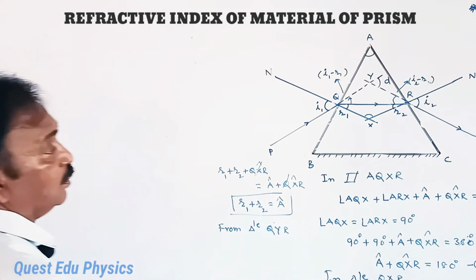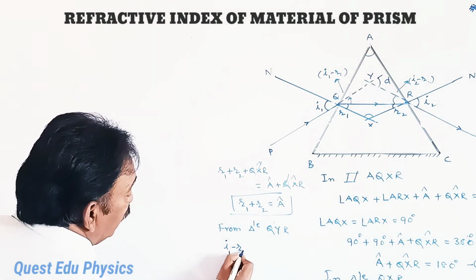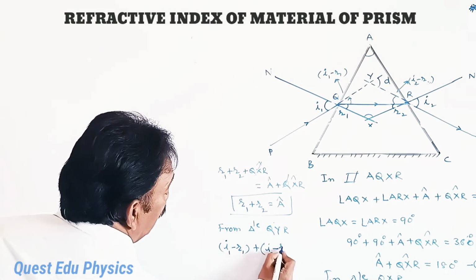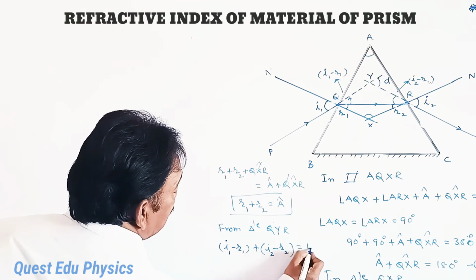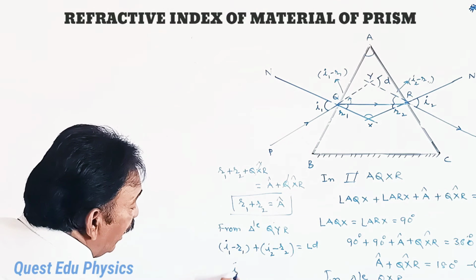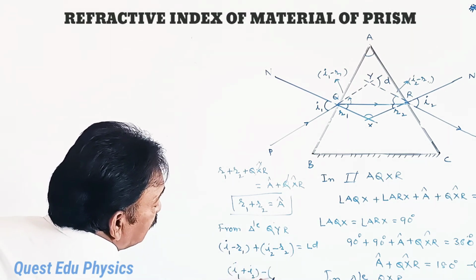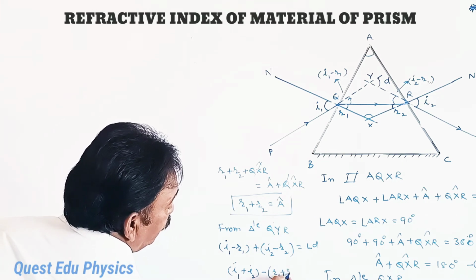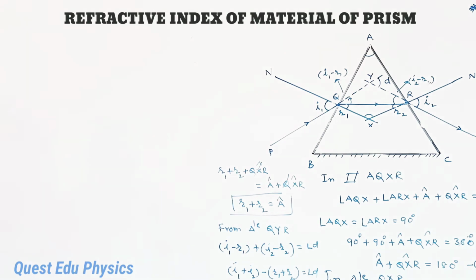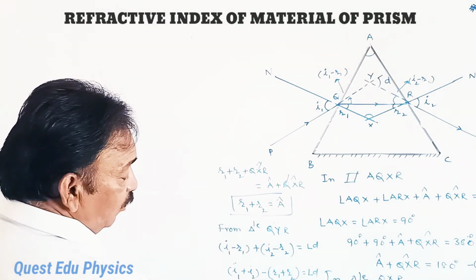That is, I1 minus R1 plus I2 minus R2 is equal to angle D, or you can write I1 plus I2 minus R1 plus R2 is equal to angle D. But we have angle A is equal to R1 plus R2.